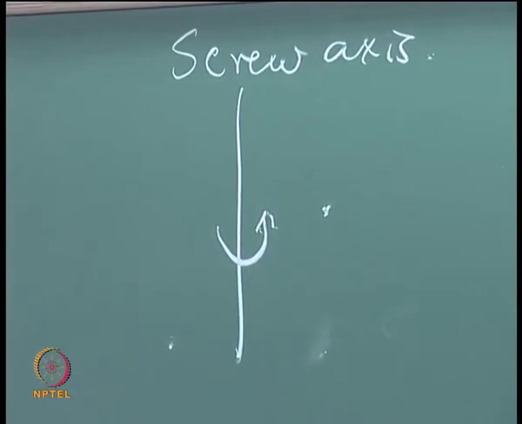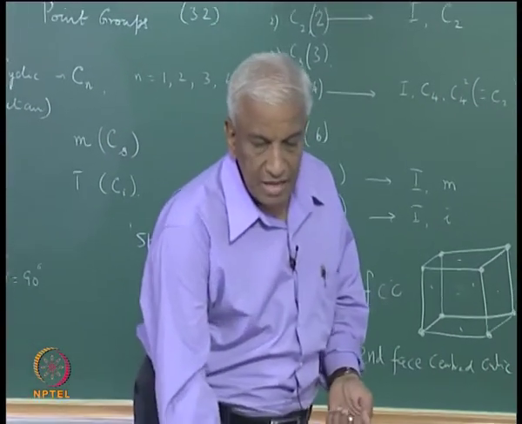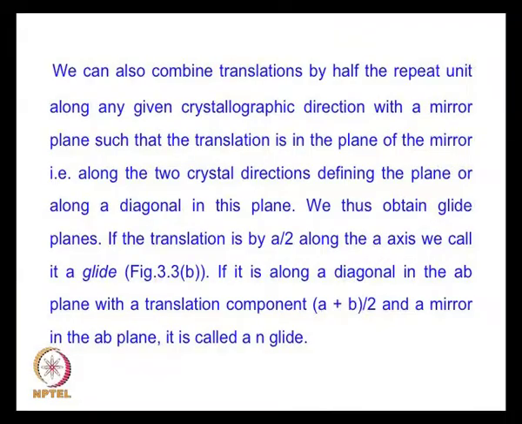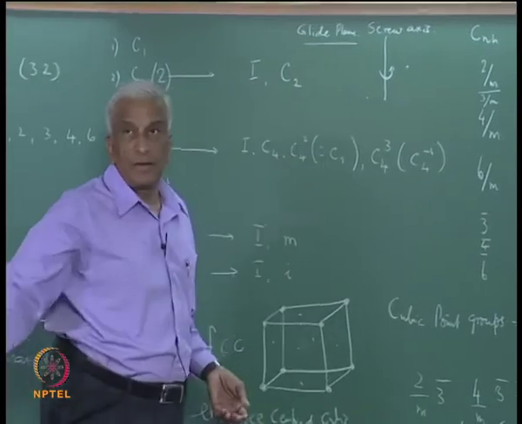When a translation is combined with a mirror symmetry, then we get what is known as a glide plane. A mirror plane combined with translation is a glide plane.